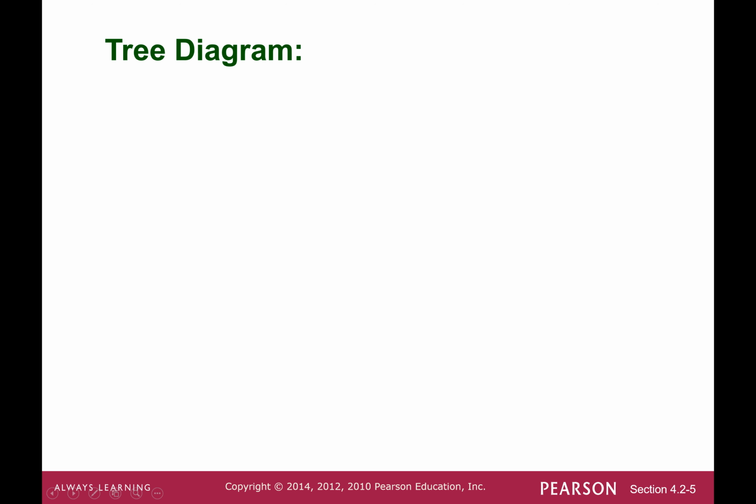On the next slide, I'm going to show you how to construct all the possible outcomes for the 3 births. First of all, we use a particular method called a tree diagram.